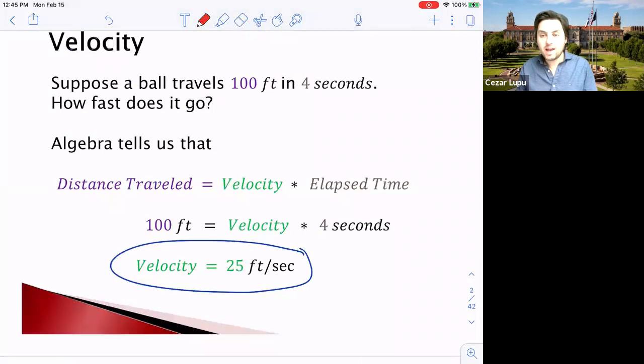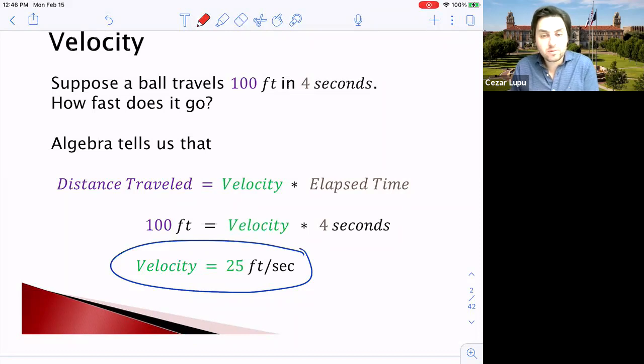If we had formulated this as, suppose that the ball travels exactly at 25 feet per second, and if we asked ourselves how fast does it go, then yes, you can say what we just said, right? We can have this very simple algebraic equation.